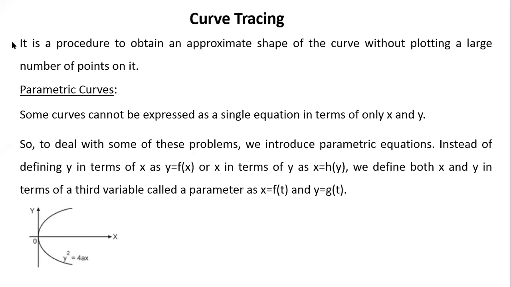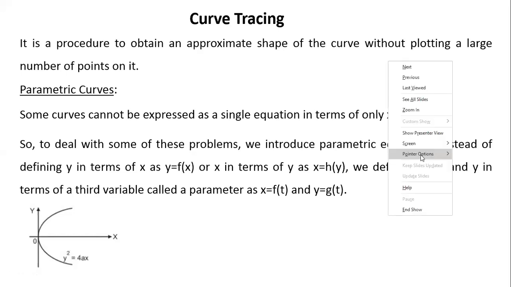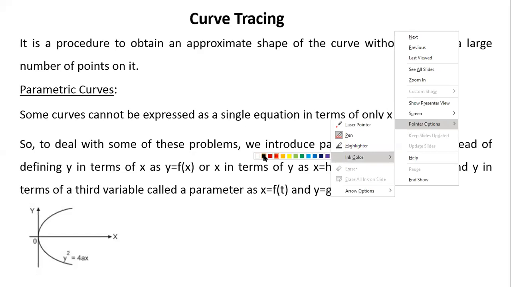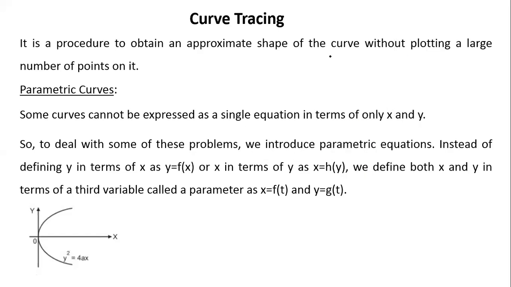As we can see here, we know y square is equal to 4ax. So can you tell me some combination of x and y as functions of t, so that the equation y square is equal to 4ax will be satisfied?